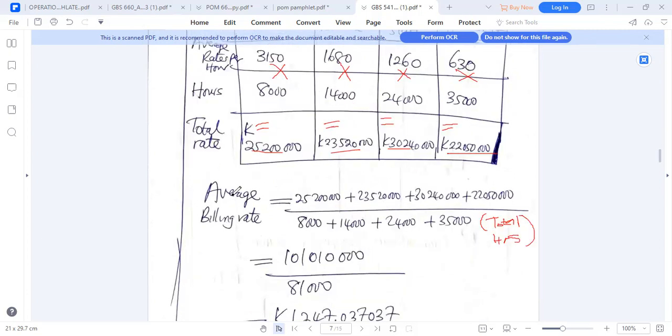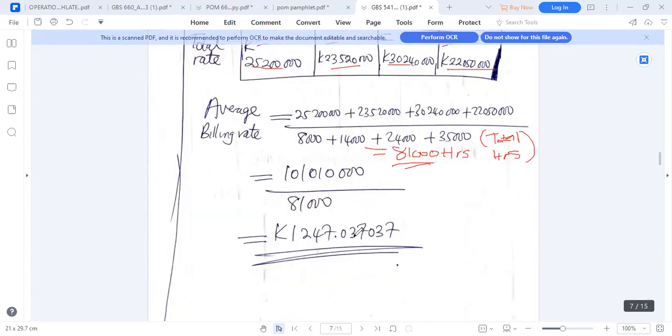So the average billing rate is 124 per hour.